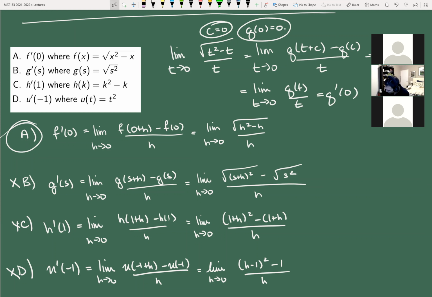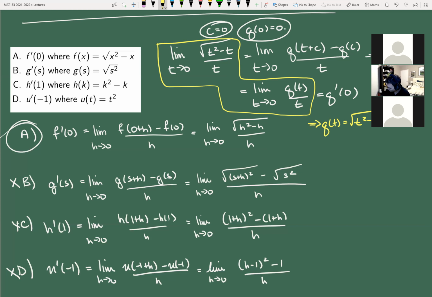And now if I compare these two things, Q of T has to be that numerator, right? And that's how I would arrive at this answer.